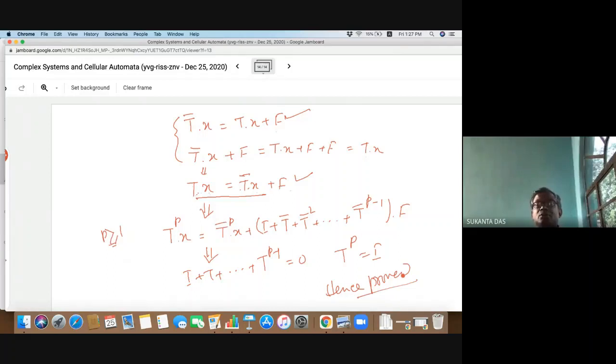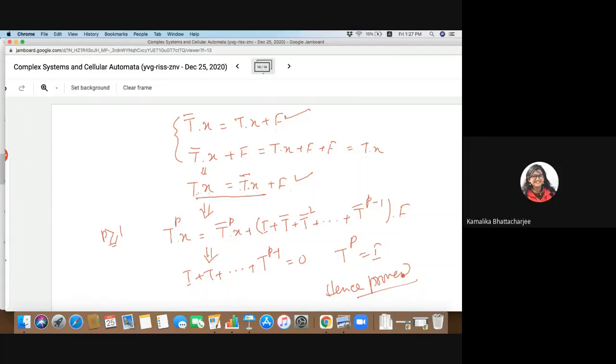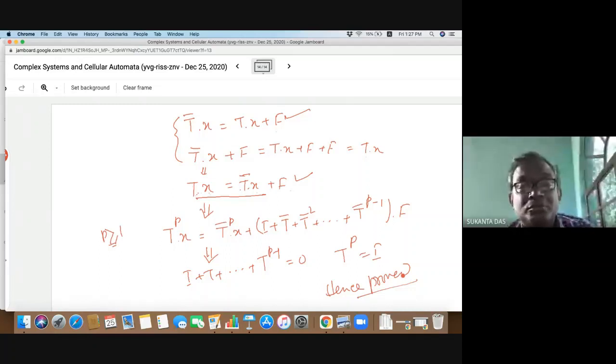So therefore, when a linear CA is reversible, and if a complemented CA is reversible, then also its linear counterpart is reversible. Their orders will be the same? No, not the same.